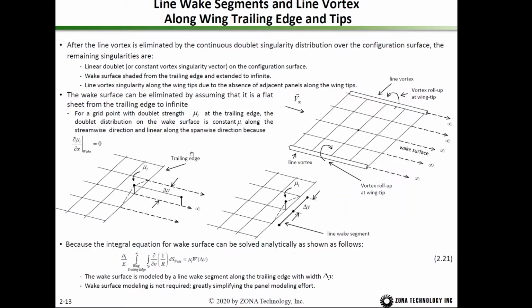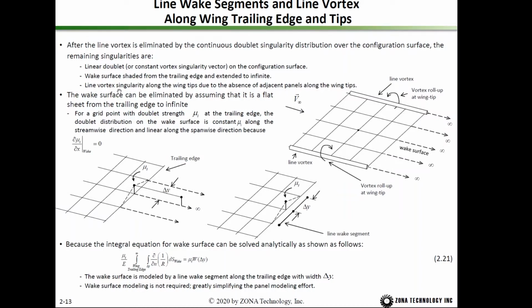After the line vortex is eliminated by the continuous doublet singularity over the configuration, the remaining singularities are the linear doublet or constant vortex singularity vector on the configuration, and also the wake surface shedding from the trailing edge and extending to infinity.